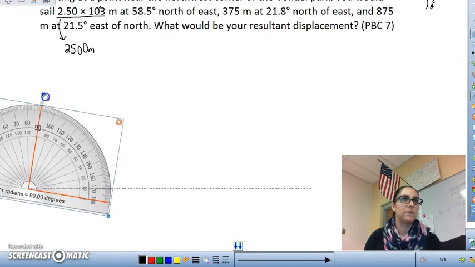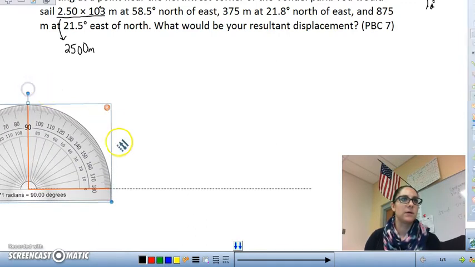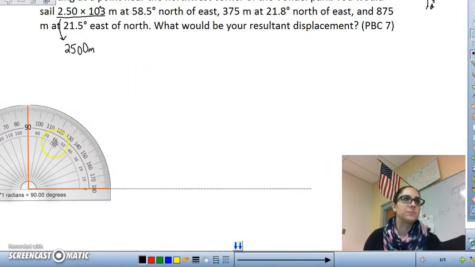And I want to go 58, so I'm just going to mark where that is. Here's 50 right here, here's 60, so 58 is about here. Now I'm eyeballing it, so just go with that. So that's about 58 there.